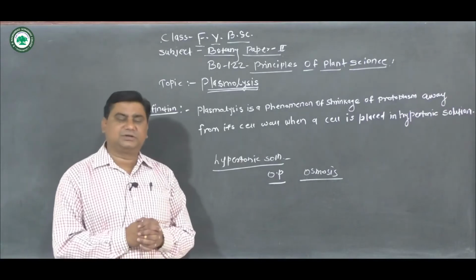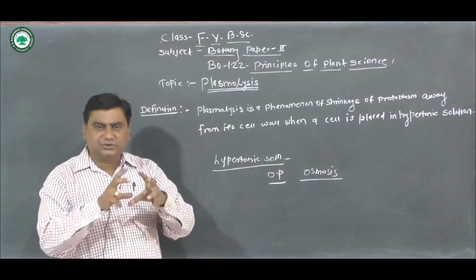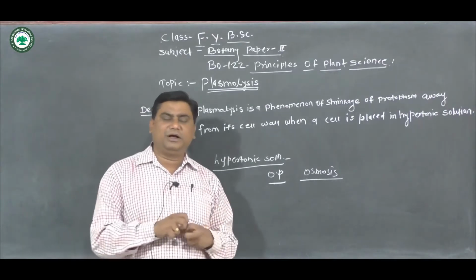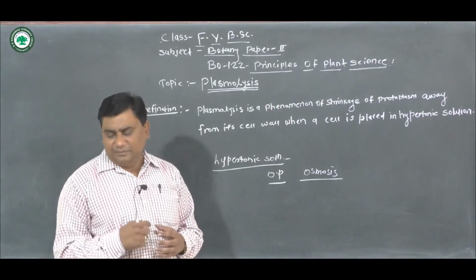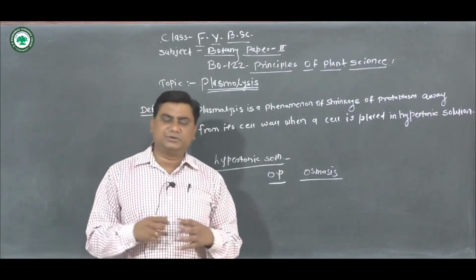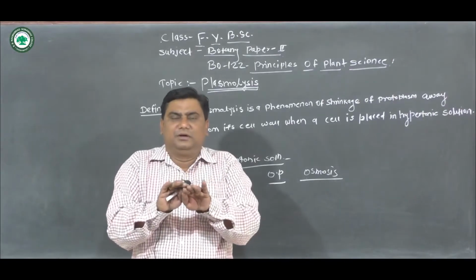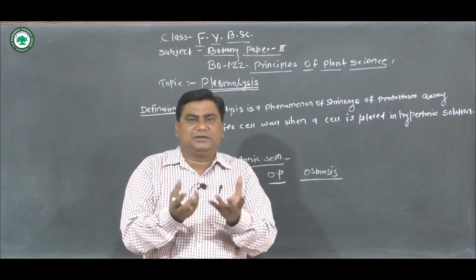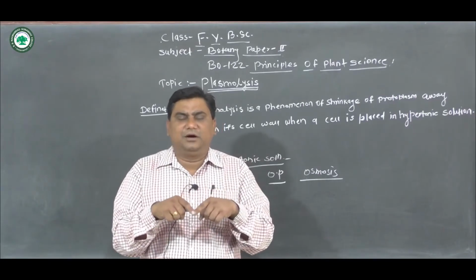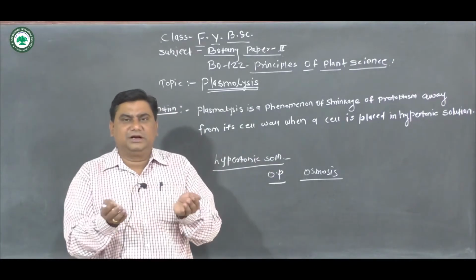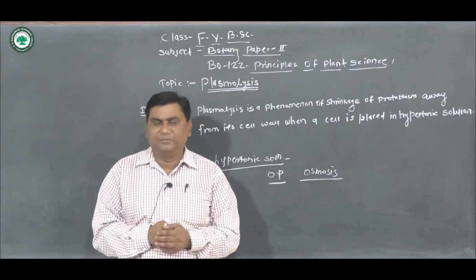This will cause the vacuole and protoplast to shrink. If water moves out from the cell, the vacuole and protoplast shrink, resulting in the plasma membrane folding inward. The plasma membrane, the outermost membrane of the cell next to the cell wall, shrinks and folds inward and moves away from the cell wall.